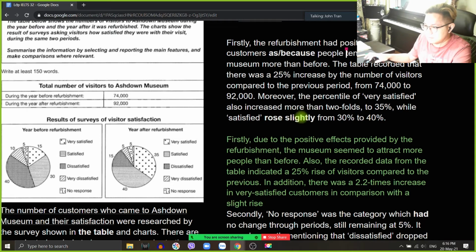Thay vì dùng là động từ và trạng từ, mình có thể dùng là cái dạng danh từ và tính từ của nó. With a slight rise of 10% for satisfied visitors, I think.